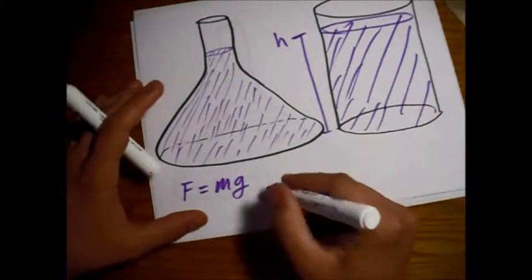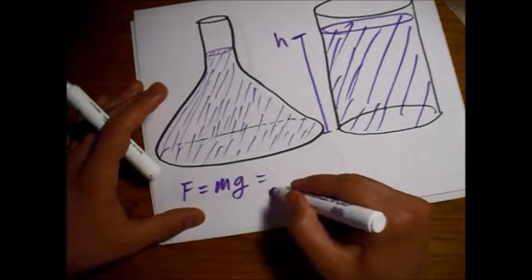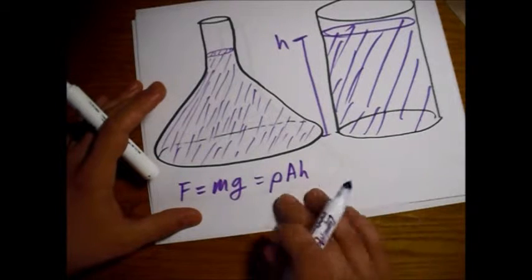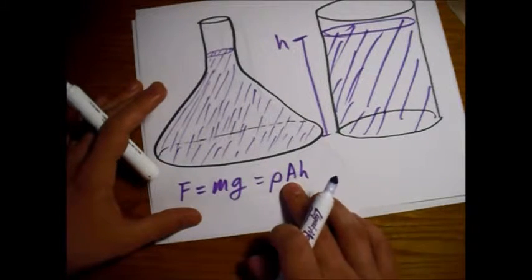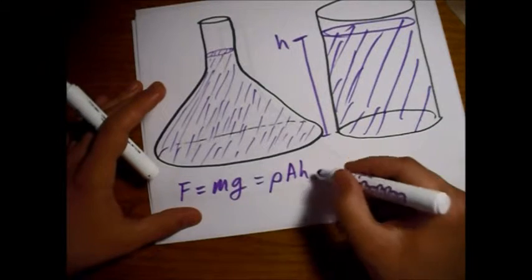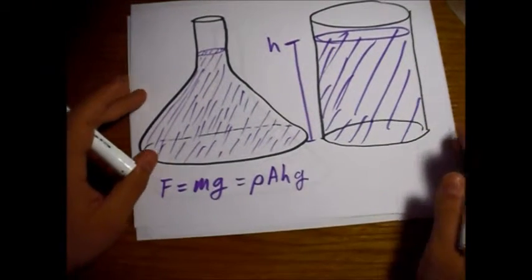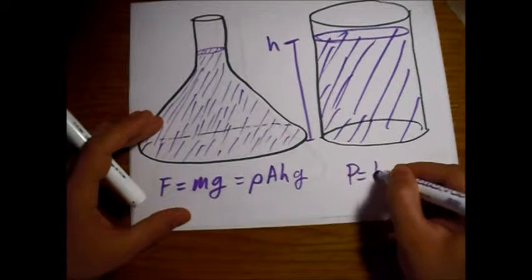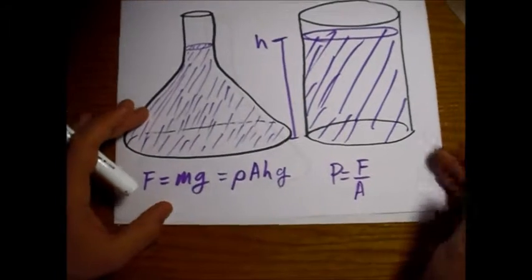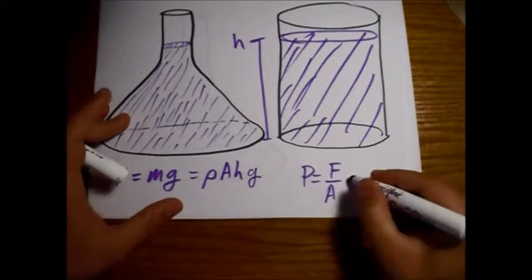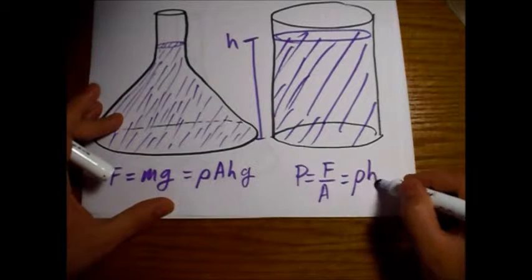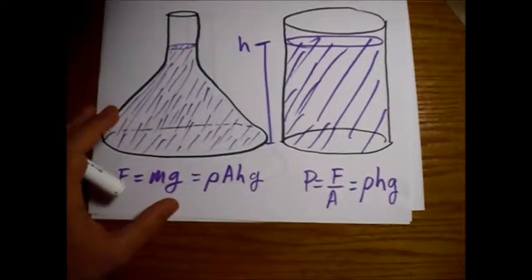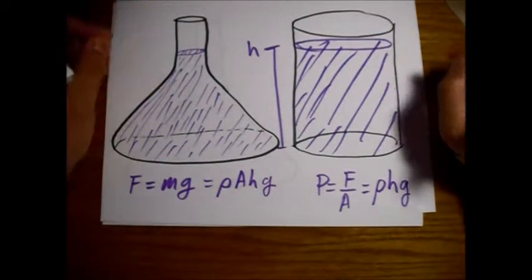It's just the weight of the fluid, and the mass is the density multiplied by the volume, A times h, and multiplied by g. So when we go for pressure, which is force per area, we divide out this A, and we get the density, the height h, and g. Because these are filled to the same height, they have the same pressure.